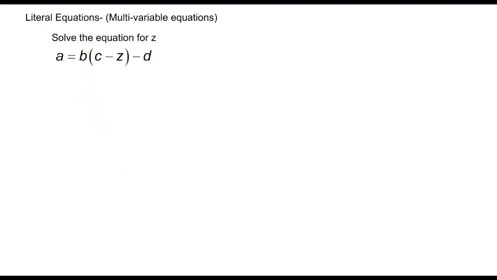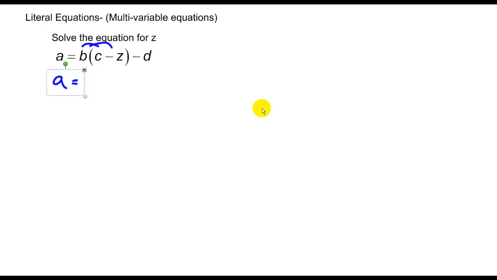To do that, I'm going to distribute my b through, giving me a equals bc minus bz minus d. I want to get my z term isolated on one side of the equation, so I'll subtract bc, add d to both sides.